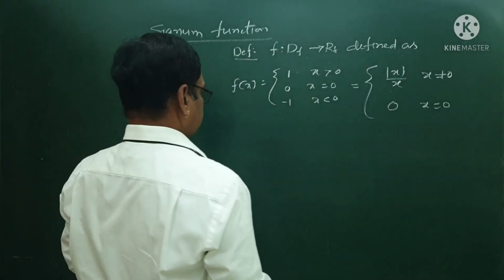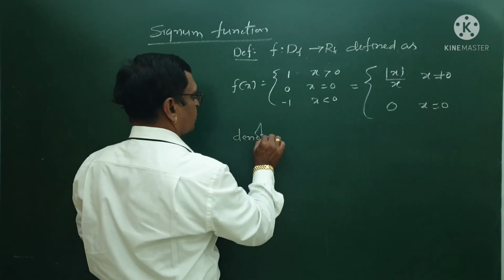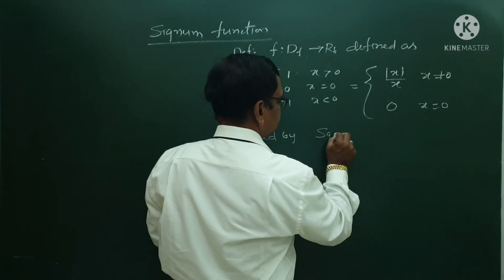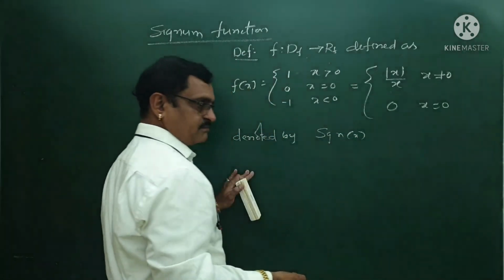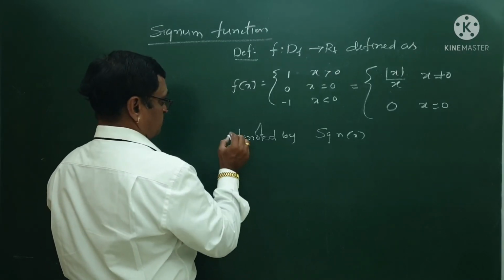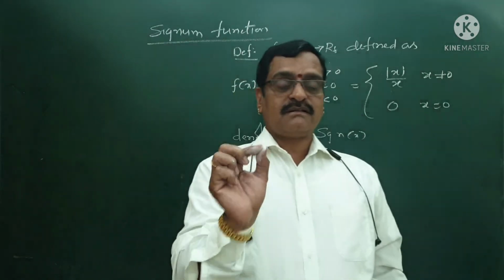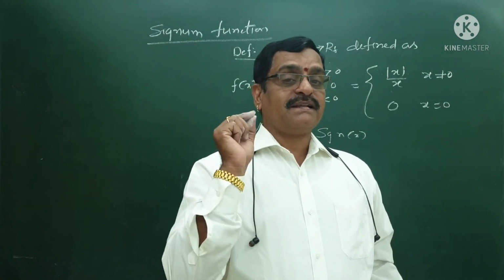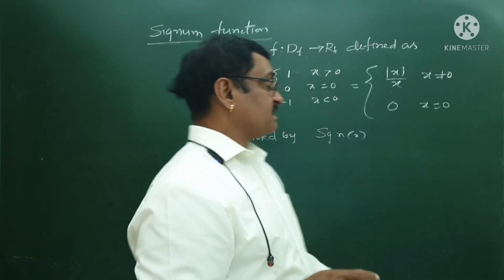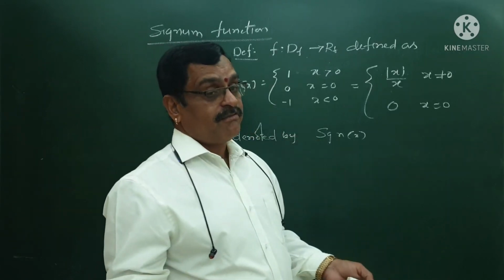Okay, and it is denoted by SGN of x. SGN is sign, because it generates either positive 1 or negative 1. So positive, negative sign, that's why it is called the sign function, or you can call it the signum function.